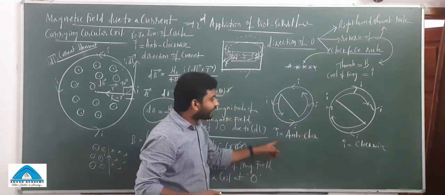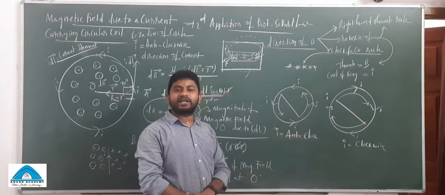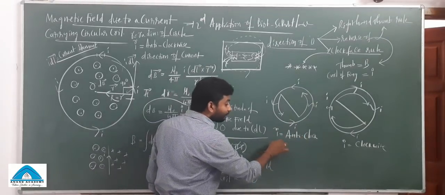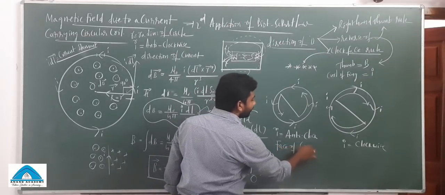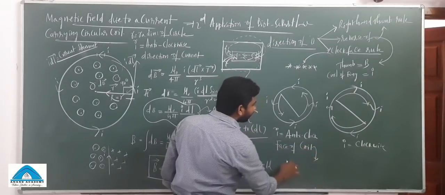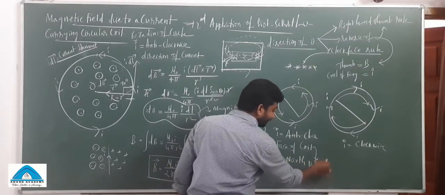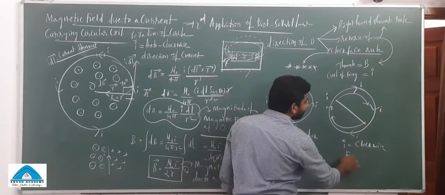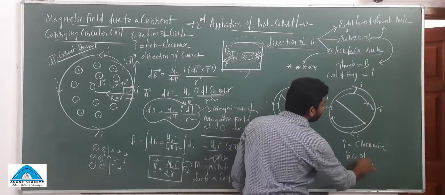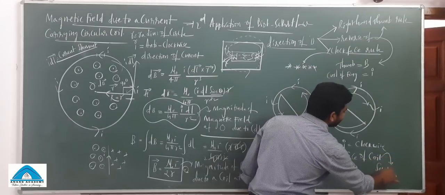So what I can write finally by using the clock face rule: if the current direction is anti-clockwise, the particular face of the coil behaves as the north pole of a bar magnet. If the current direction is clockwise, the particular face of the coil behaves as the south pole of a bar magnet.